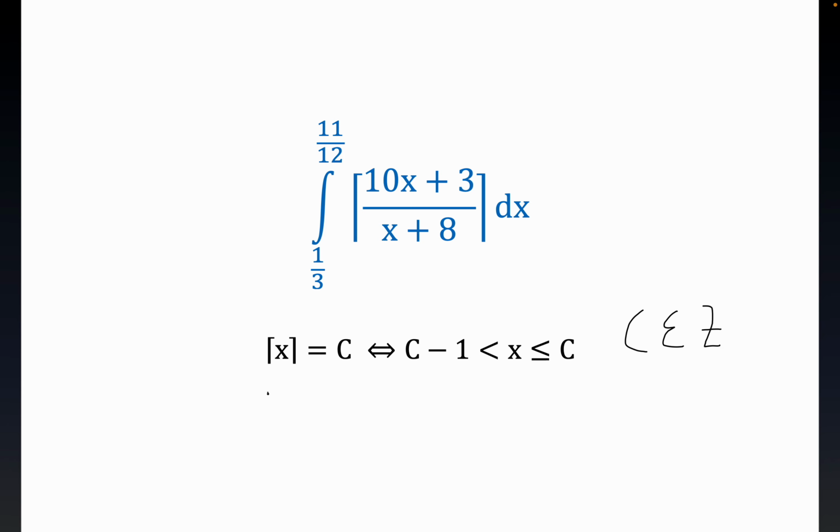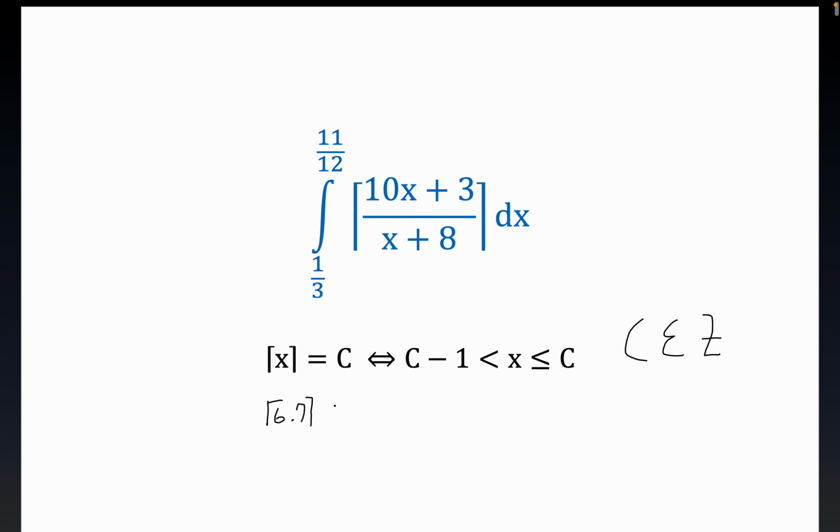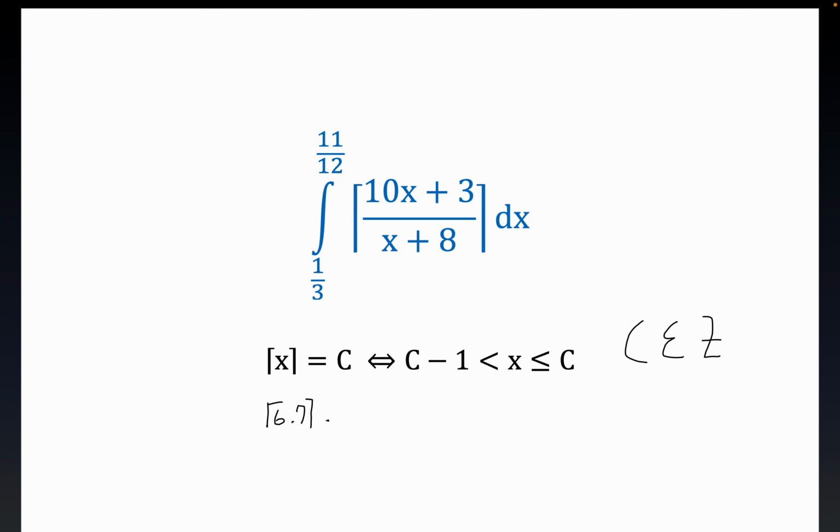What if we did the ceiling of, let's say, 6.7? Okay, now you're looking for the smallest integer that is greater than 6.7. So in this particular case, that would be equal to 7 itself, right? And that's since 7 minus 1.